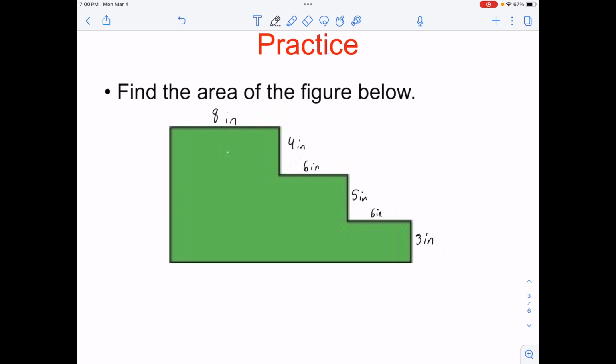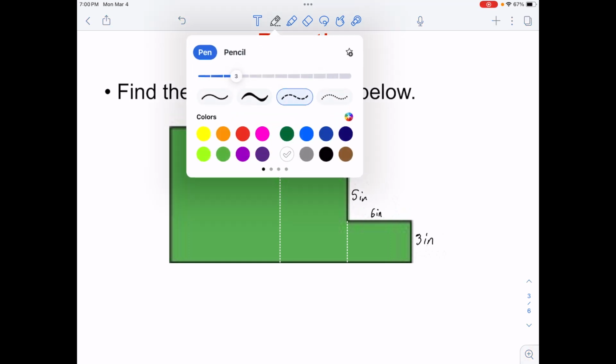And in this case, this composite shape looks like it's made up of different rectangles stacked on top of one another, either up and down or left and right. I'm going to look at it left and right because I have one big rectangle right over here. I'm going to use these dotted lines to kind of separate these out. I have another rectangle right over here. So that makes 3 rectangles.